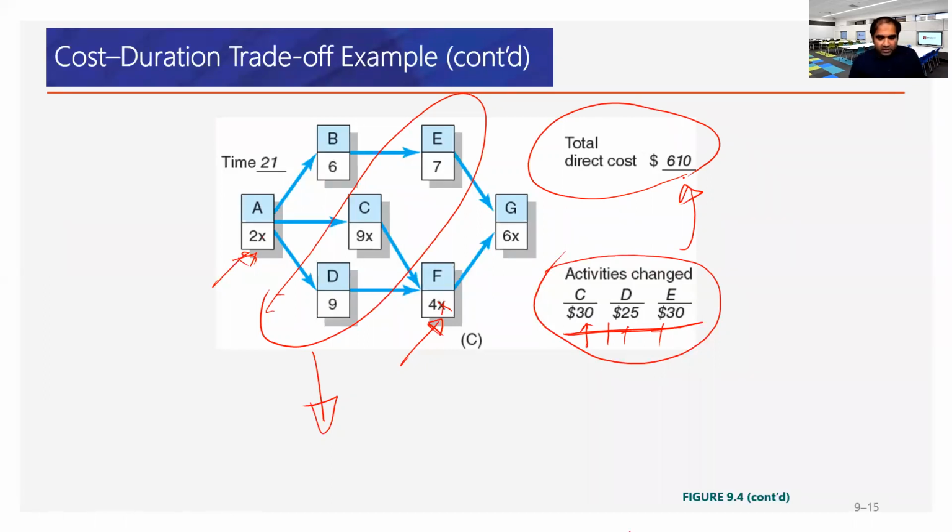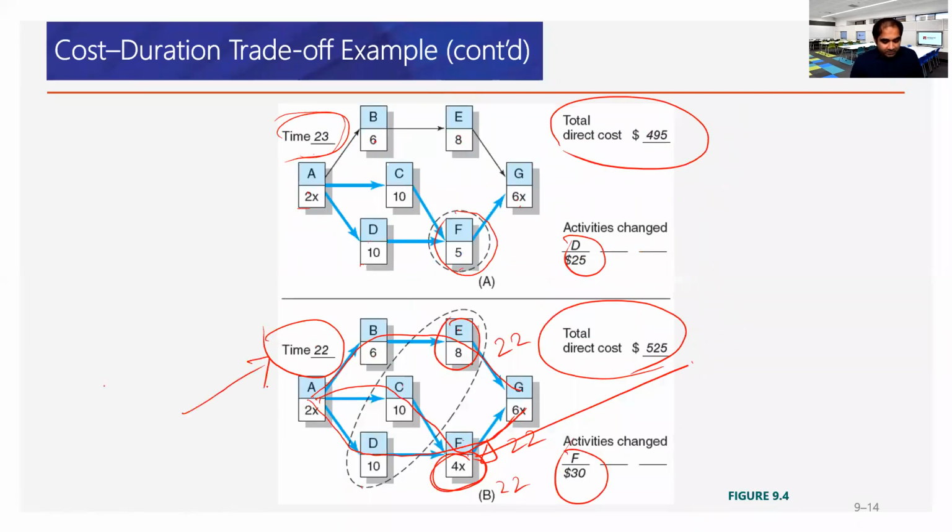So now we have to decide whether we really want that additional day of reduction with that extra bit of money. All right. So the optimum duration is obviously 22 days.